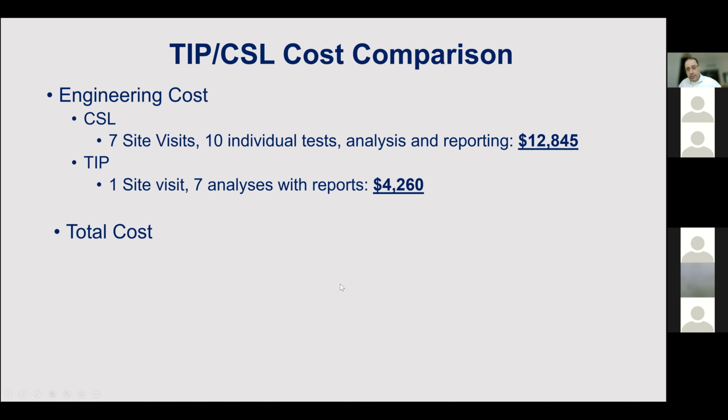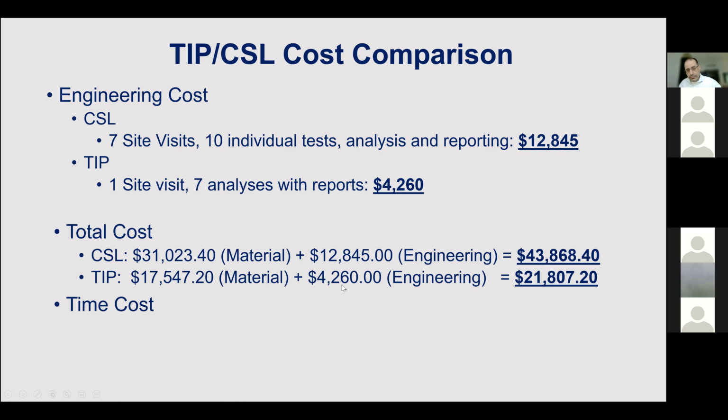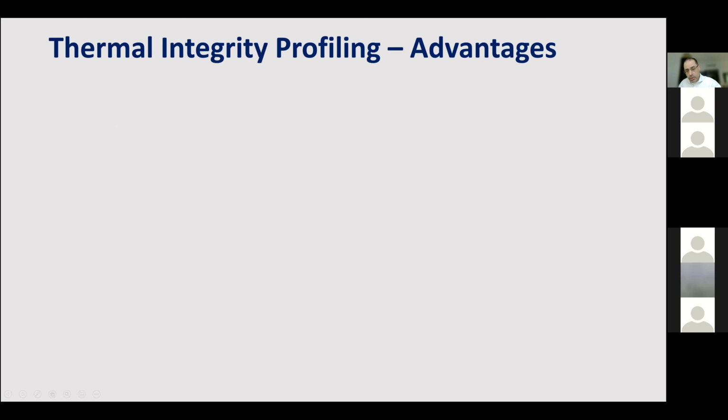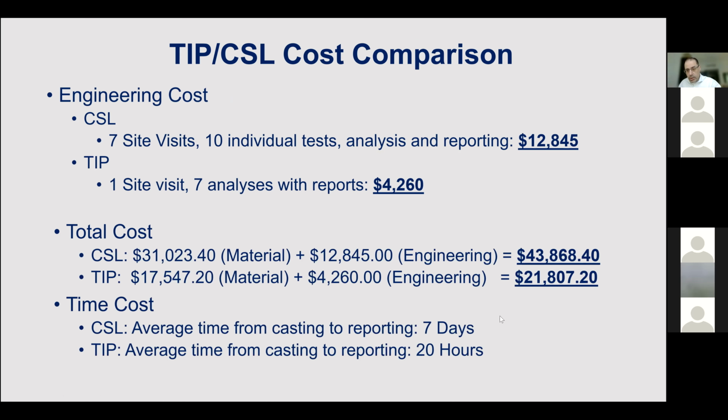So if you add all these, the material and the engineering costs, you can have a comparison between the CSL and the thermal, which is about half. Now, the time costs, which is not even mentioned here, can be even more dominant with schedule constraints.